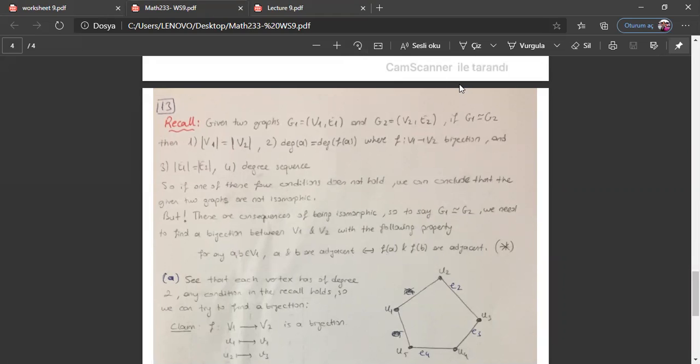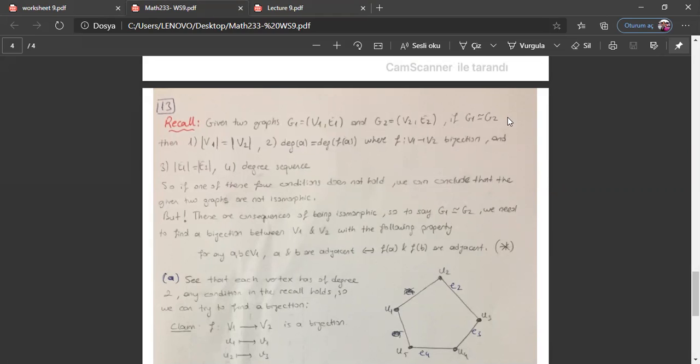But I guess you can imagine that it's a little bit hard to decide if the given two graphs are isomorphic or not. So there are some theorems which are useful to decide this. First of all, you need to check if the given two graphs satisfy these conditions.